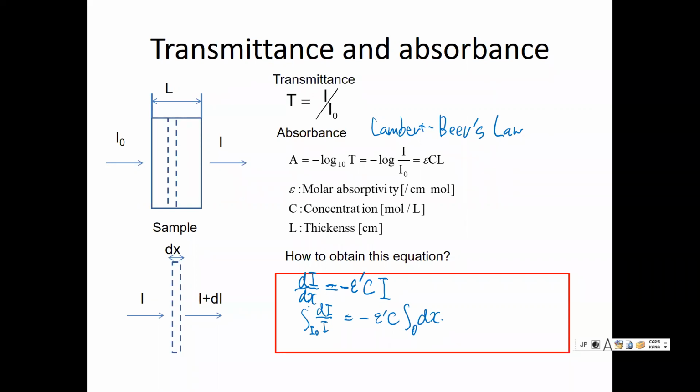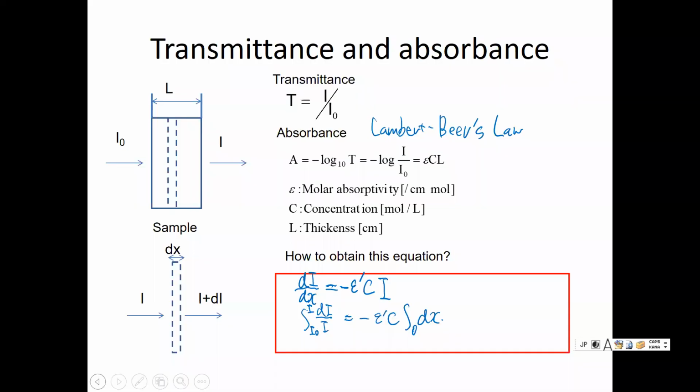Then it changes to I, and at this point the thickness of the cell is L. And you can solve this equation: the natural logarithm of I over I0 equals minus epsilon prime C L.